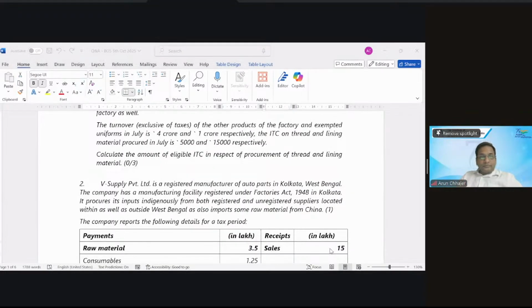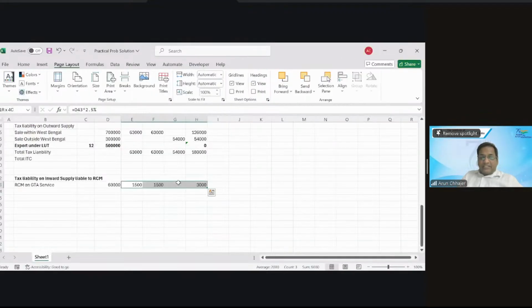Now, this is my total tax liability. Now, total ITC. Now I like to understand. See, this much I have to pay in cash, there is no doubt. This RCM part I have to pay in cash, right?